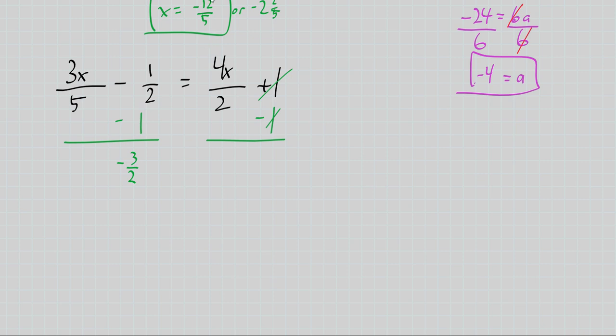I'm going to move my variable terms with x in them over to the right. I'm going to do that by, I've got 3x over 5 here. Can I just subtract 3x over 5? Let's see. The whole thing, throw it in a bracket? Anything I throw in a bracket is suddenly easier to deal with.